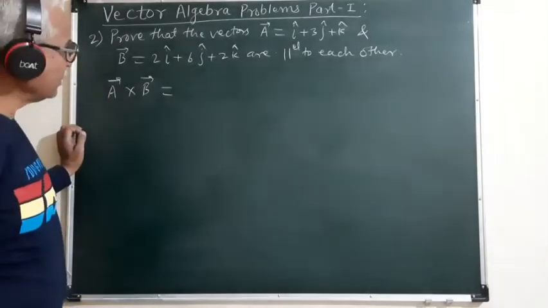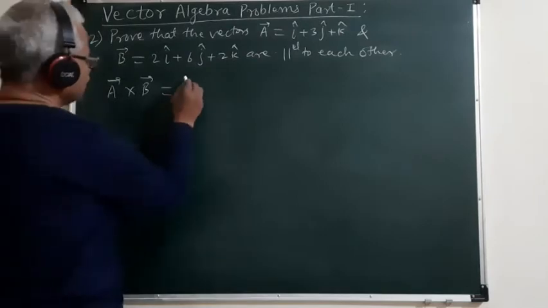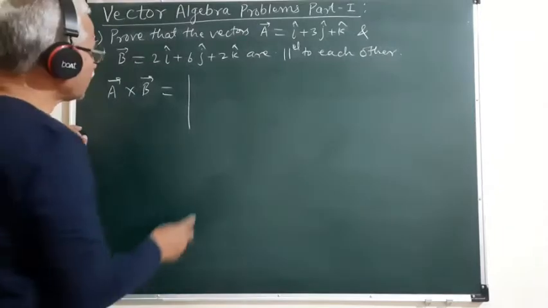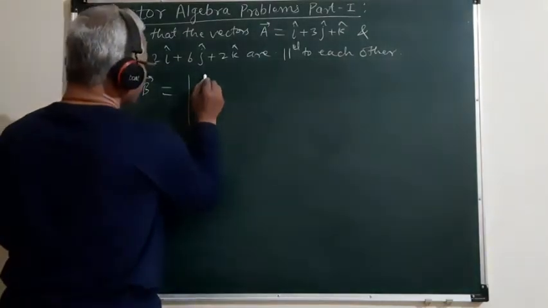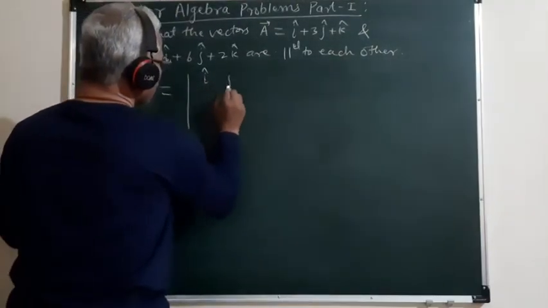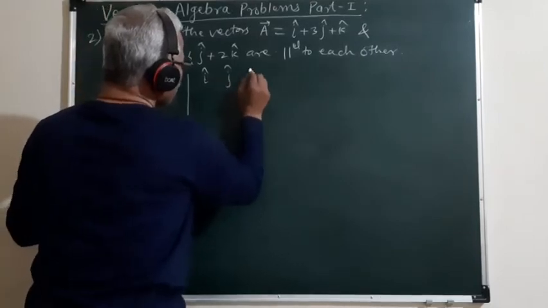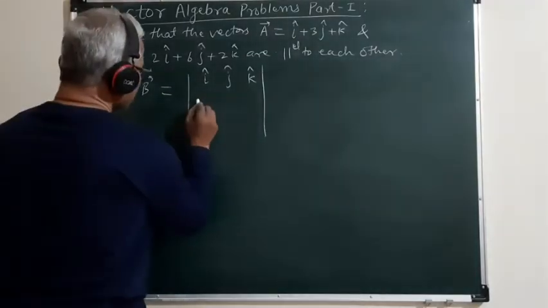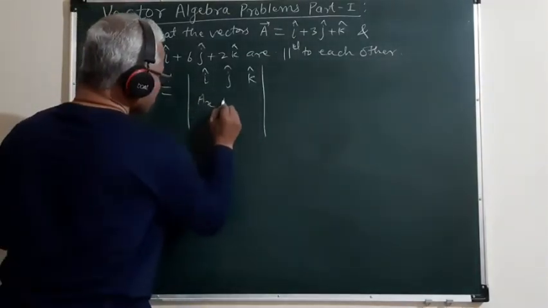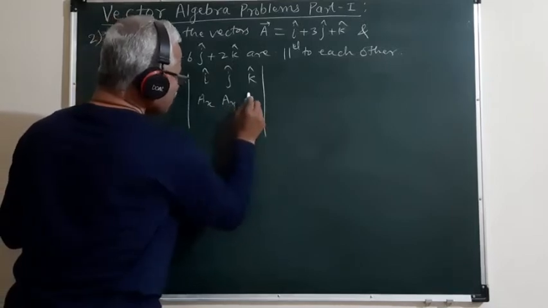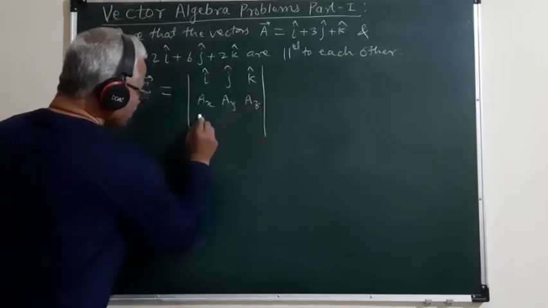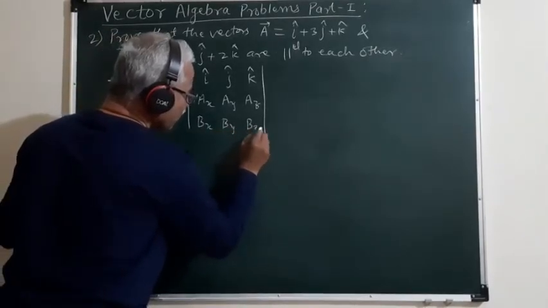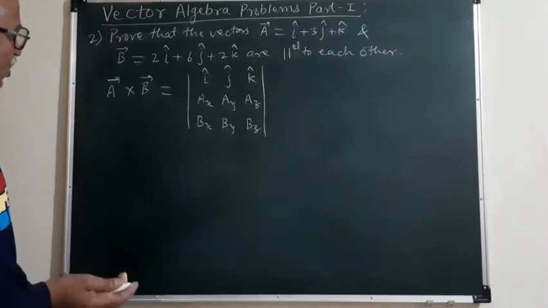As we have seen earlier, the cross product of the two vectors a bar and b bar in terms of their rectangular components is expressed in the form of a determinant whose first row constitutes the unit vectors i, j, k. The second row represents the components of the first vector in the product, and the third row consists of the components of the second vector in the product.